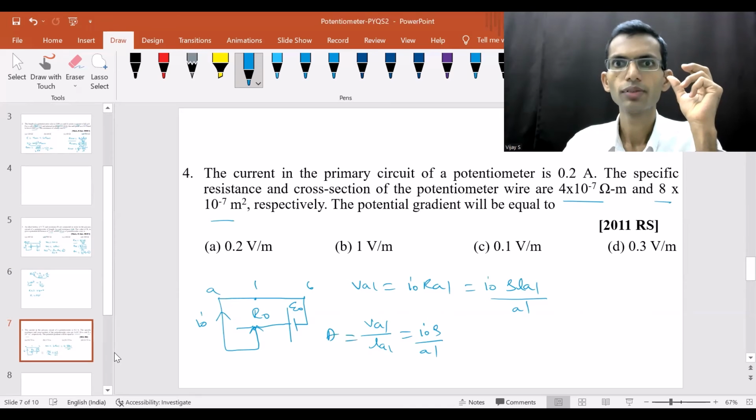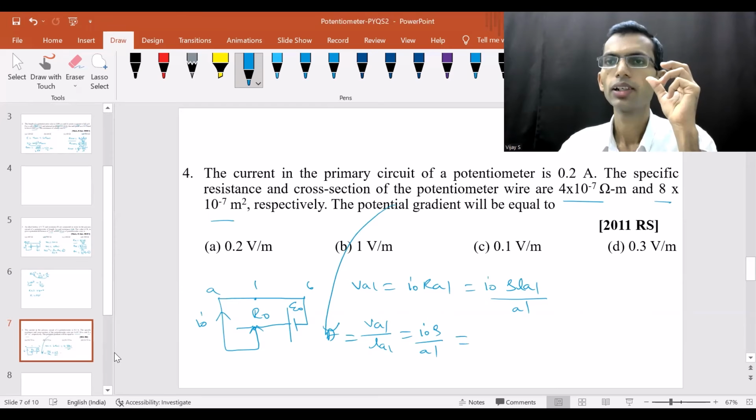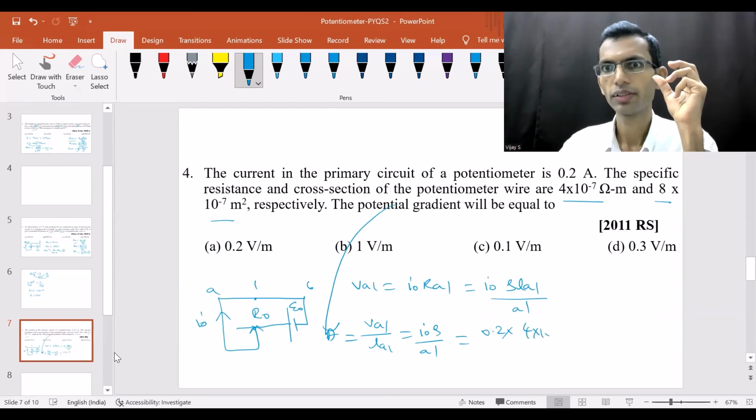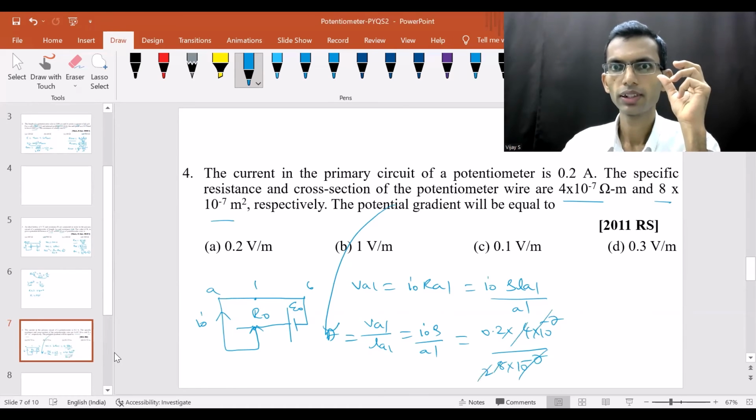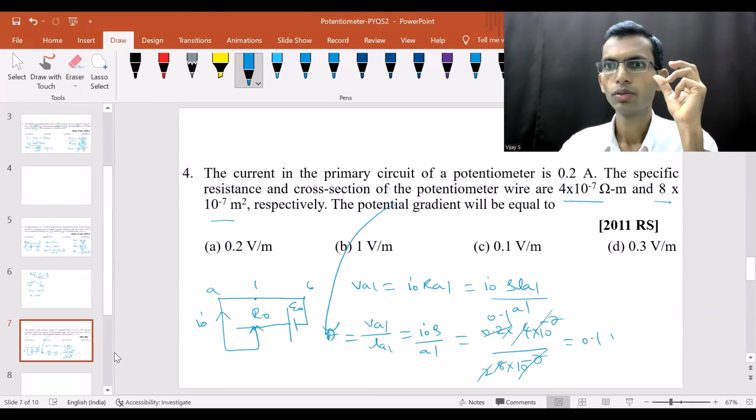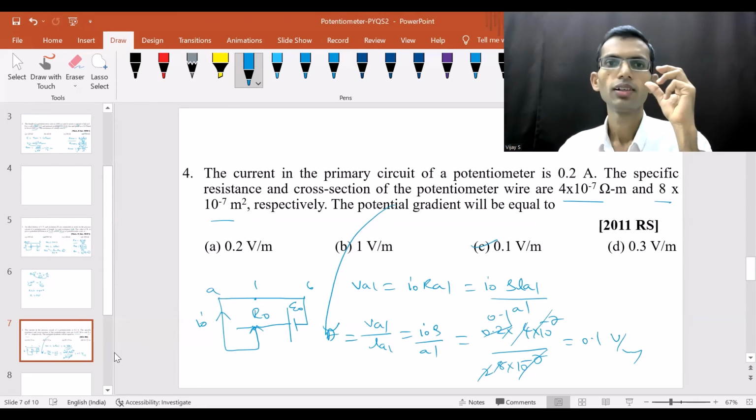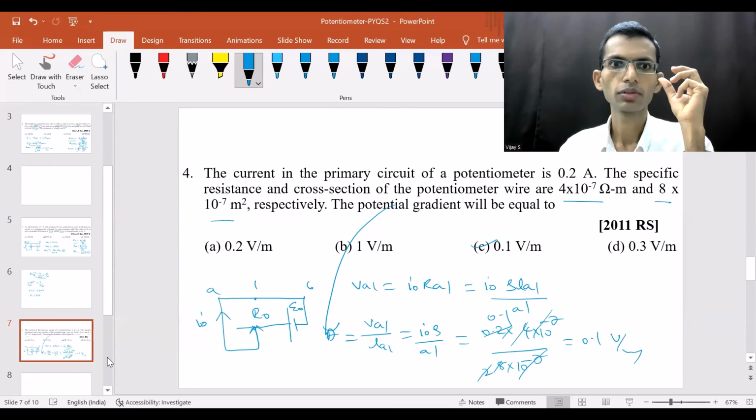Let us denote it with A. He gave I0 as 0.2, specific resistance 4 into 10 power minus 7, and area of cross section 8 into 10 power minus 7. So what we are getting here is 0.1 volt per meter. Which option satisfies? C. So this is the answer. Right. Let us move to the next question.